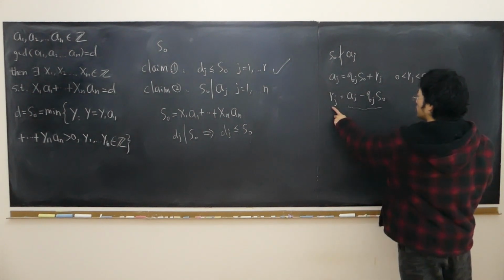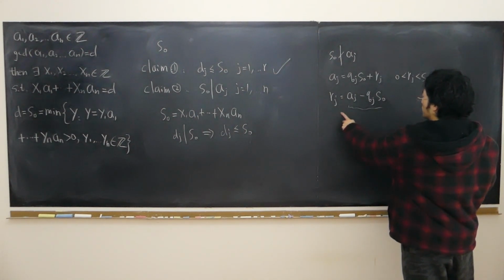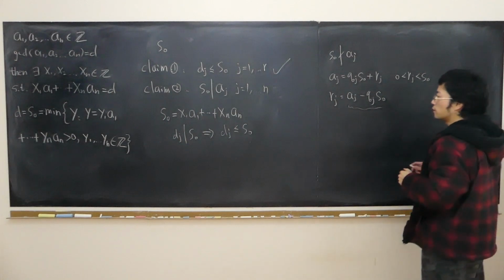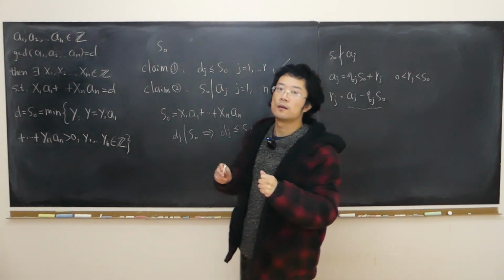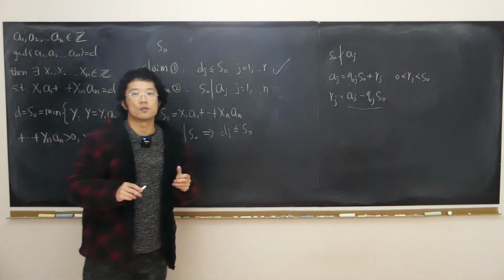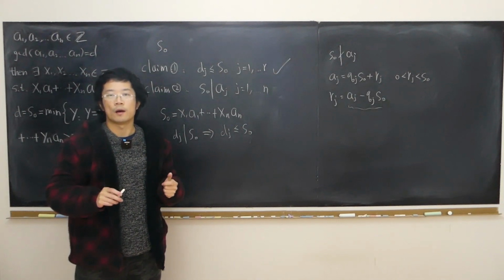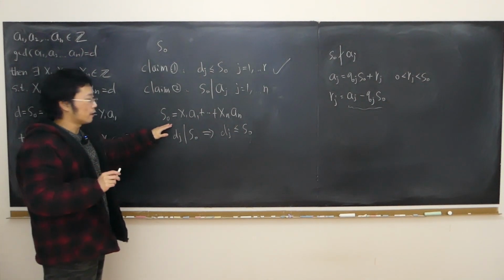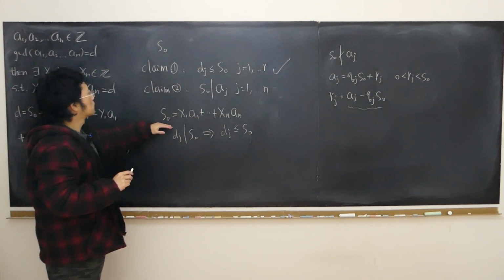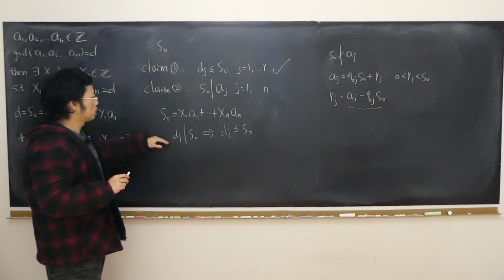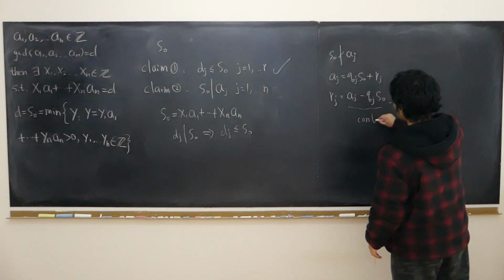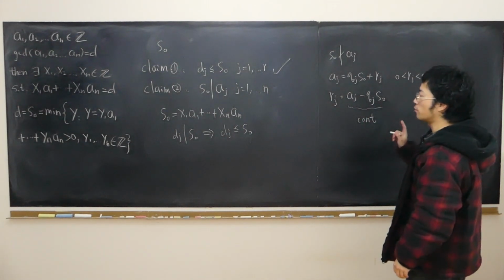So rj can be written as a linear combination. And of course, rj is at the same time strictly less than S0. So in other words, I've found another linear combination of my candidates which is even smaller than my minimum element, which is a contradiction.